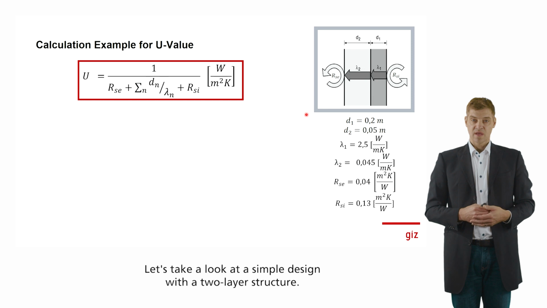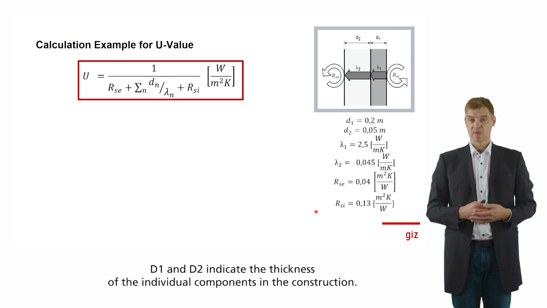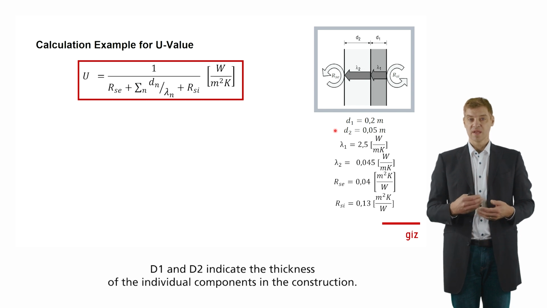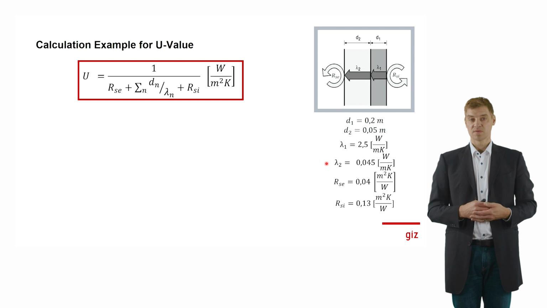Let's take a look at a simple design with a two-layered structure. The values on the right are already given to us by the construction. d1 and d2 indicate the thickness of the individual components in the construction. Lambda 1 and lambda 2 are the corresponding thermal conductivities of the respective components.